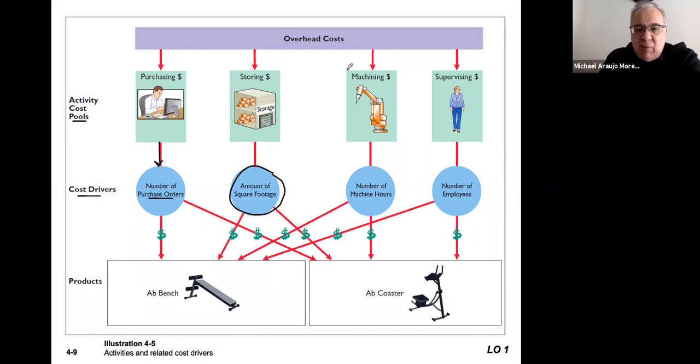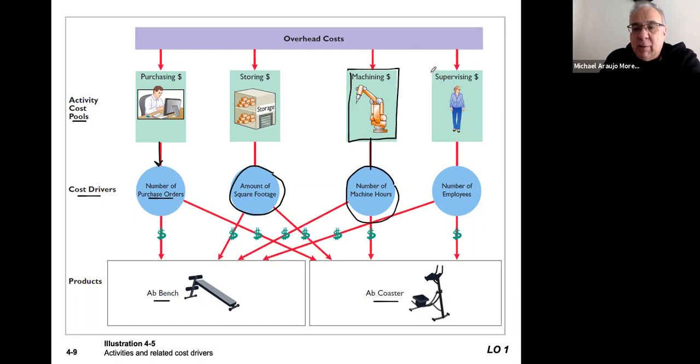When the production is running and machines are there producing things, how many hours are those machines committed to producing this particular product versus that product? You should be allocating the cost based on the number of hours devoted to working on a particular product.